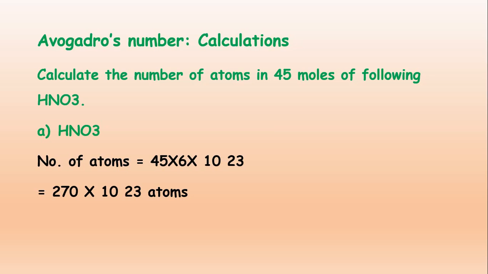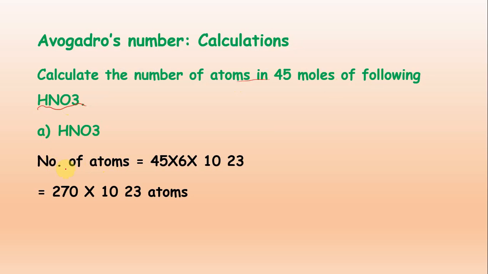Avogadro's number calculation. This is the example: calculate the number of atoms in 45 moles of the following. A is HNO3, nitric acid. So what is the formula?